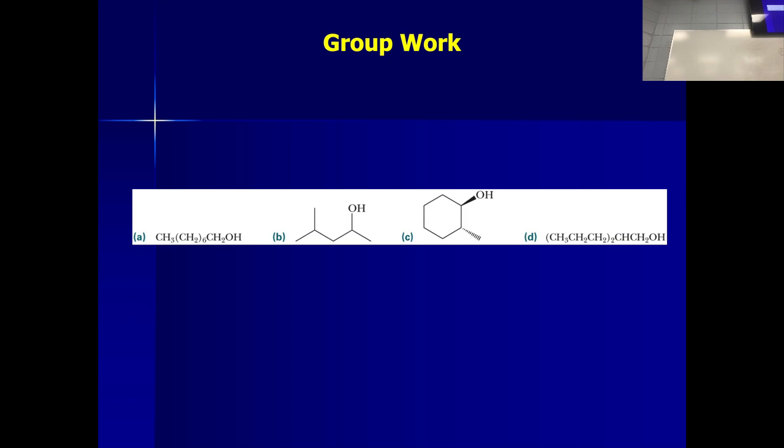Let's count the carbons, right? How many total carbons do I have here? 7. How many carbons do I have here? 8. How many OHs do I have for each one of them? 1. So it's 7 to 1, 6 to 1, 8 to 1. So now if I asked you to rank these in order of solubility, what would be your ranking from least soluble to most soluble?